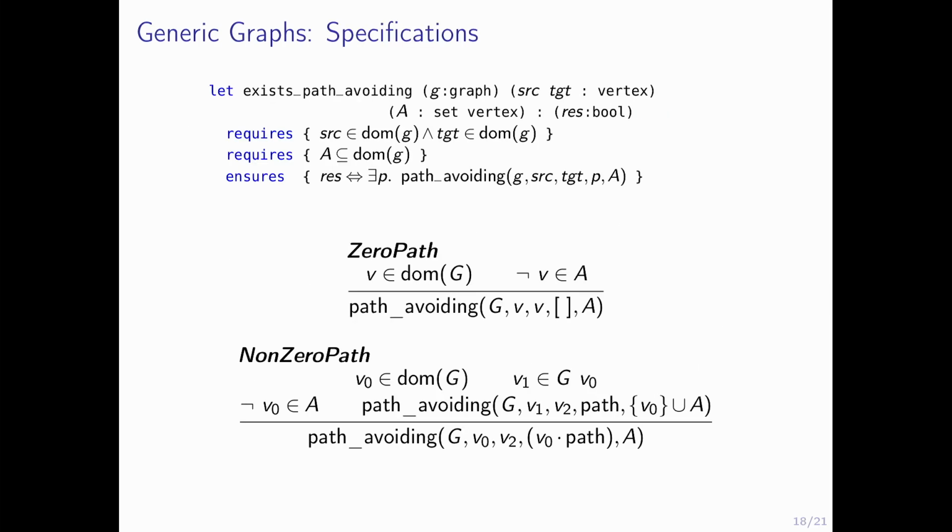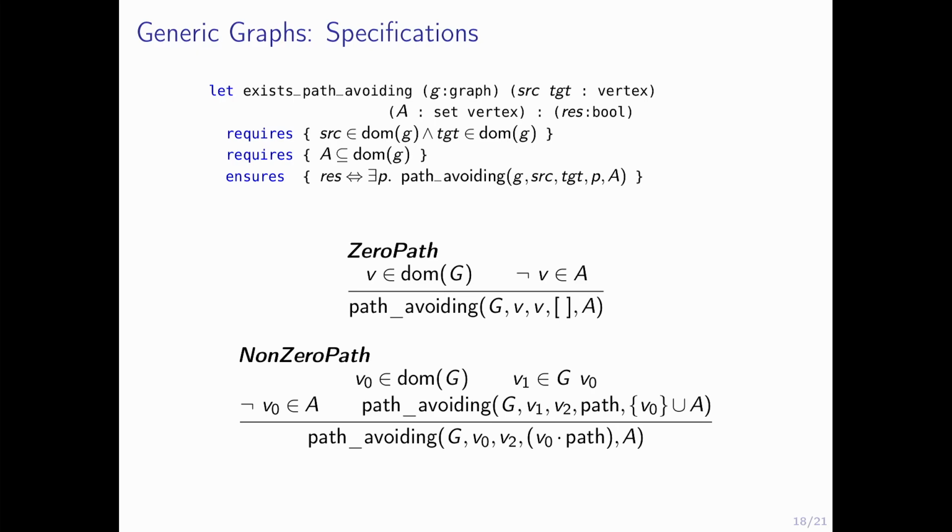The semantics we have, our specification, is used when we ask our solver whether there exists a path in our graph from one source to a target avoiding a set A. This function will ensure that the result we expect is that there's a path, where we have the definition of path avoiding for graph, source, target, a path, and an avoid.